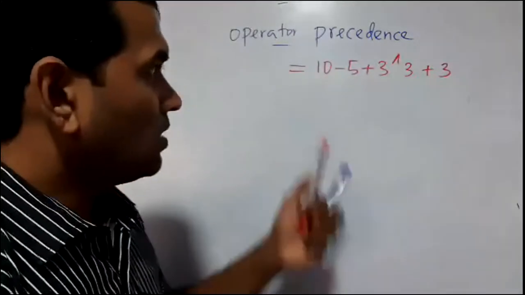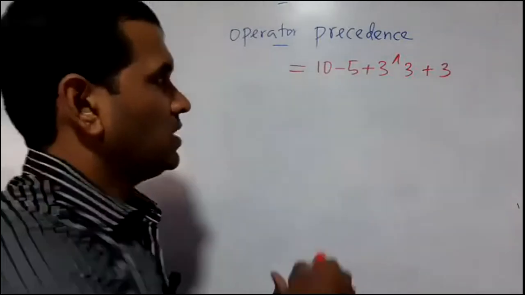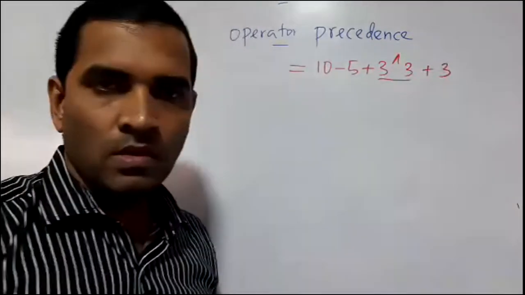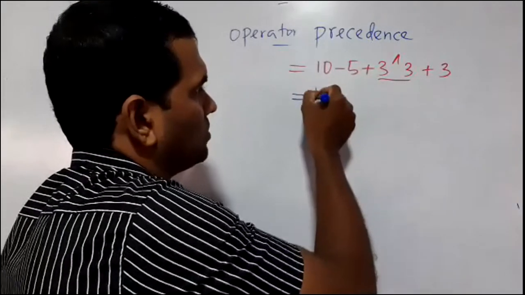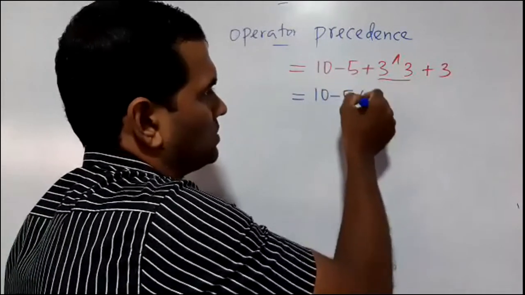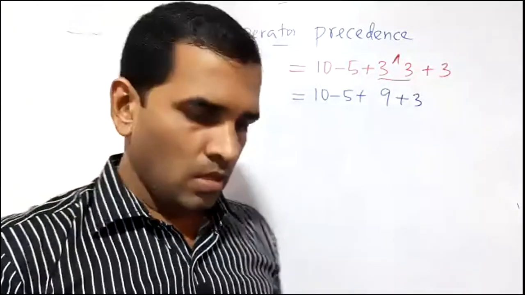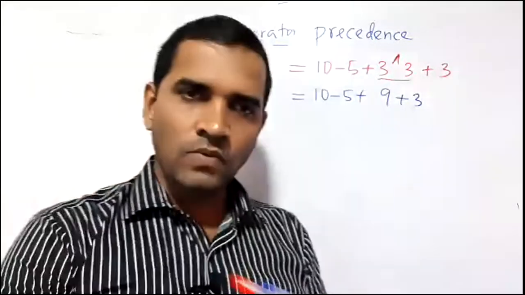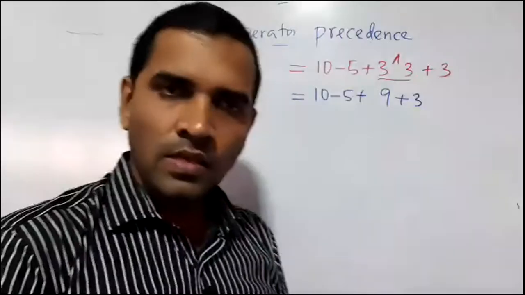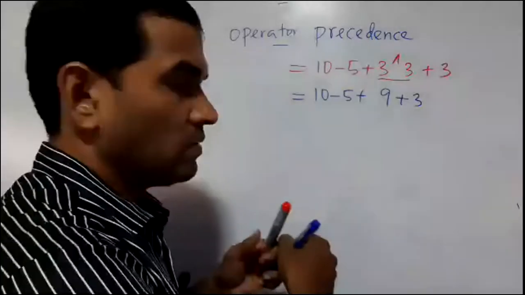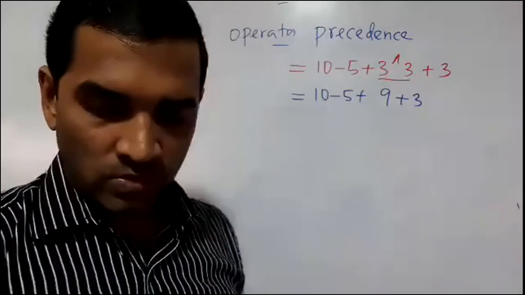Look. Which has high precedence? This one, right? So let's try the other things as they are. So 10 minus 5 plus, it's 9, right? 9 plus 3. Now you have operators which have equal priority. So how to handle them? Try handling them in the order, right? So 3 to the power 3, 27. Sorry, I made a mistake.